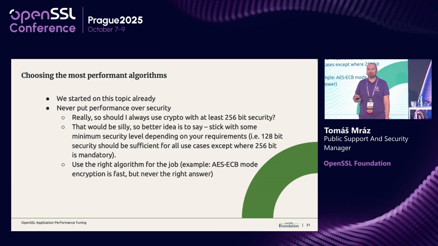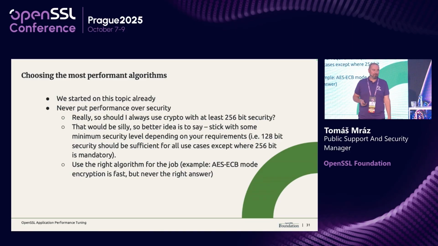There are some theoretical problems where 256 bits might be needed, but you should basically use the minimum security level for your requirements. Unless, for example, you have some special army clients or something which require 256 bits, 128 should be good enough for you.